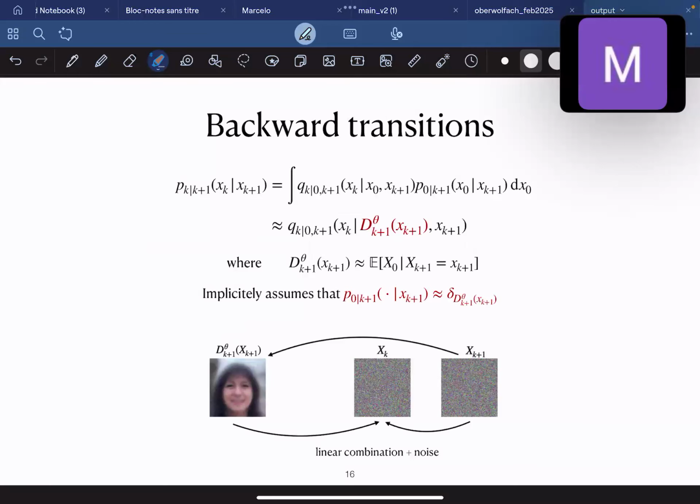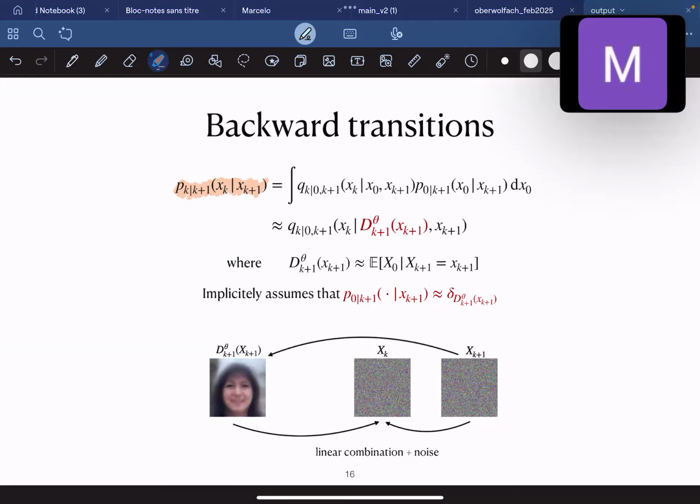Also, I want to recall the main philosophy, which summarizes a bit what diffusion models perform. Here I'm recalling that you can write the conditional distribution of xk given xk plus 1 as the marginal of the joint of xk and x0.